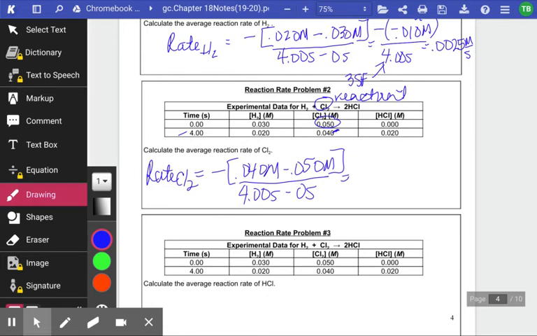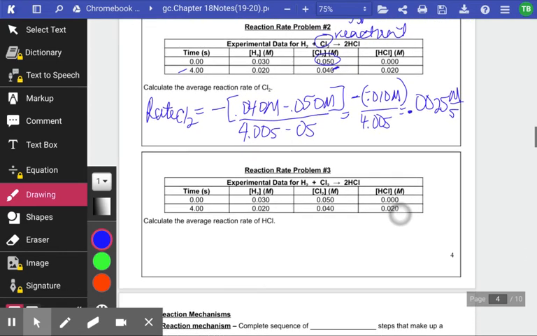So that negative carries over, and 0.040 minus 0.050 is negative 0.010 molar over 4.00 seconds again. So we end up with the same rate for chlorine, 0.0025 molar per second.